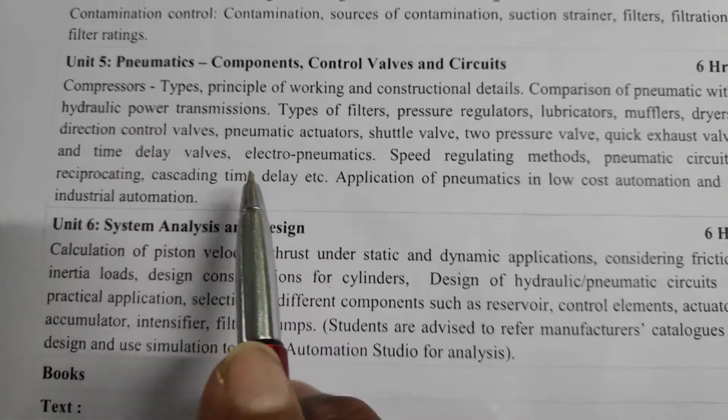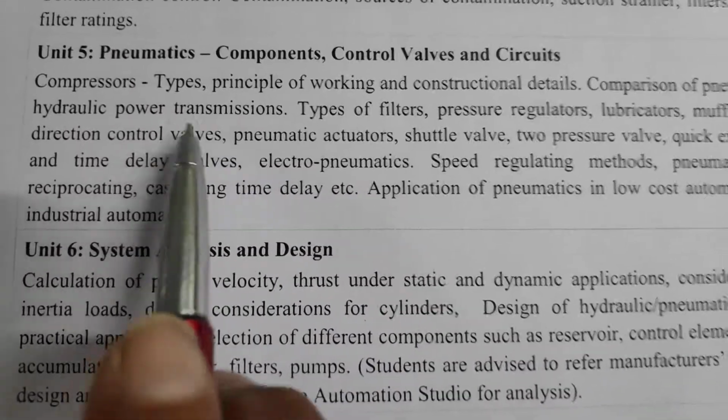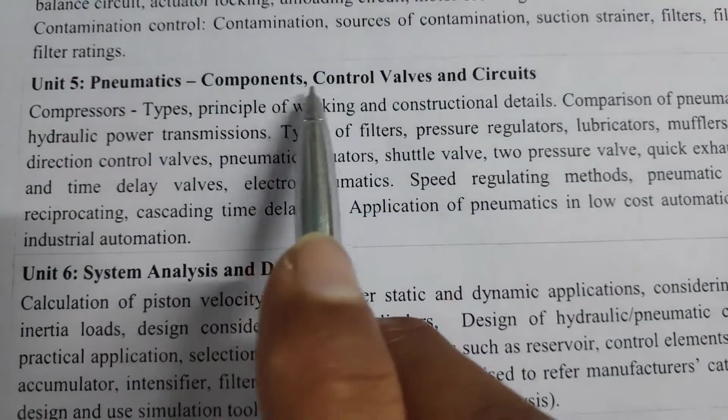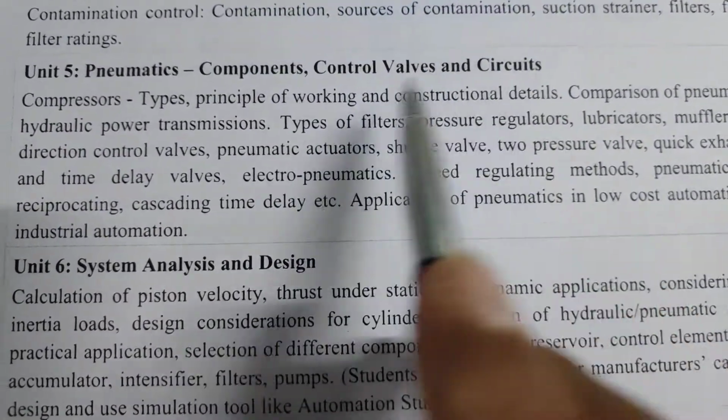Now, unit number 5. Unit number 5 consists of pneumatics, components, control valves and circuits.